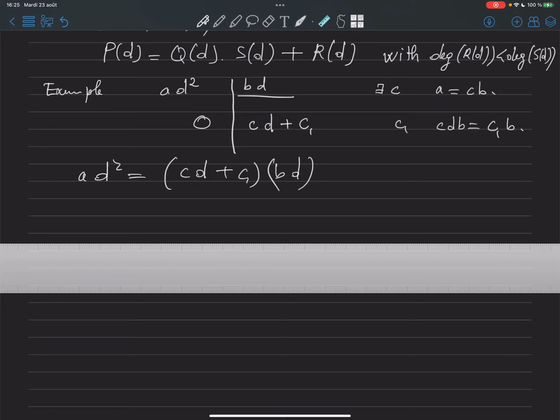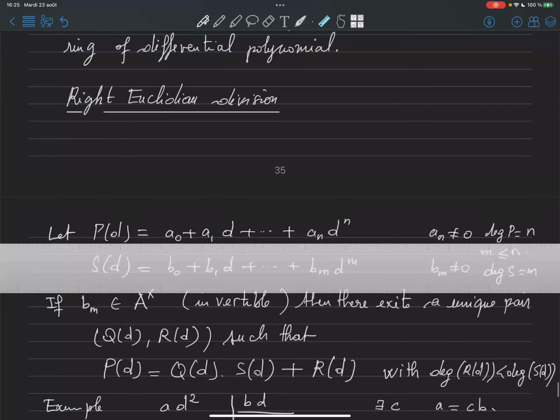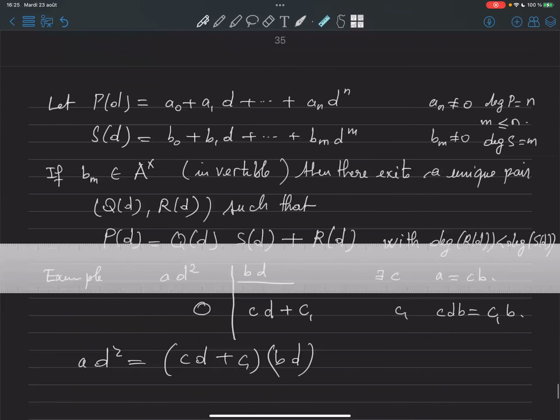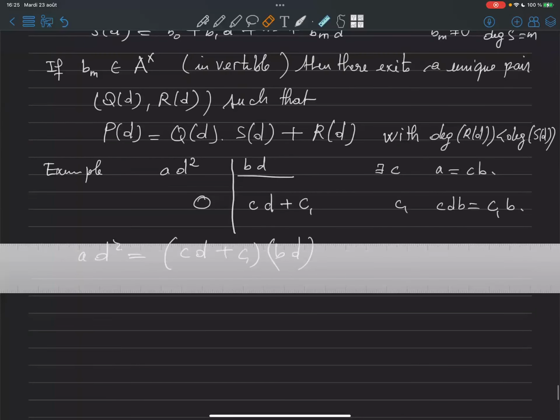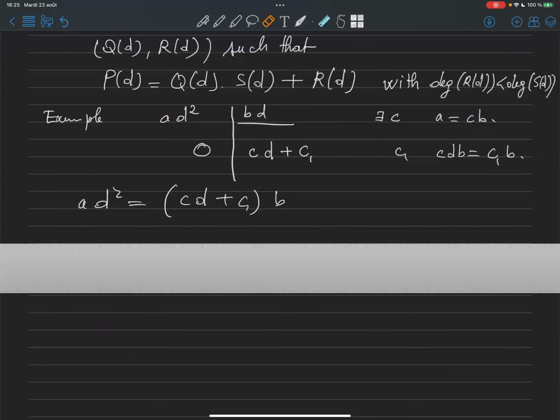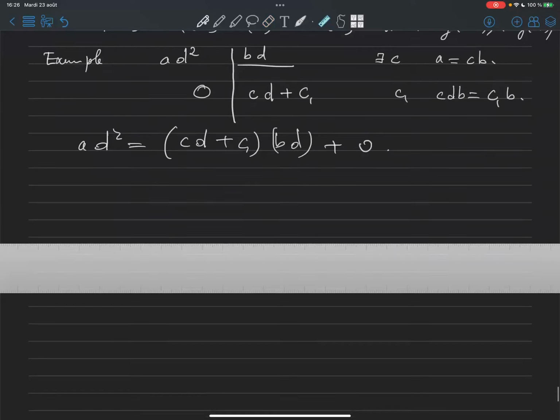We can also define the left Euclidean division, but in that case we will consider right modules. For all our work, we will consider only left. Plus 0.